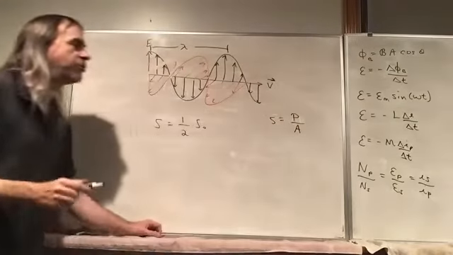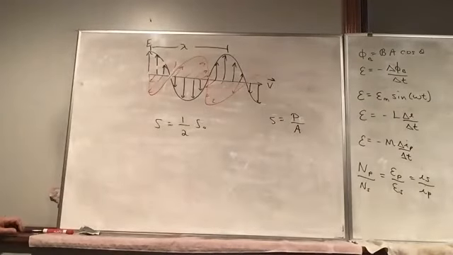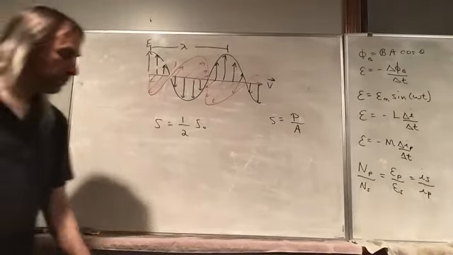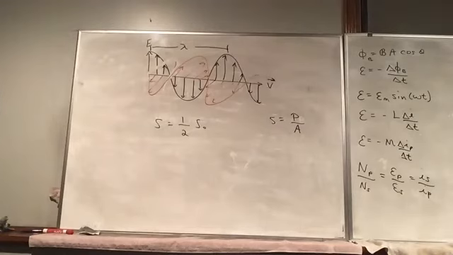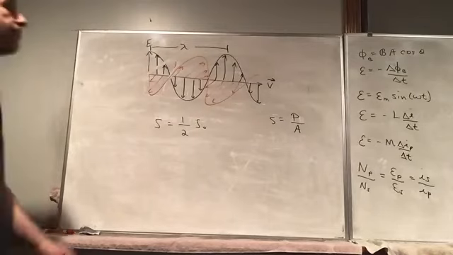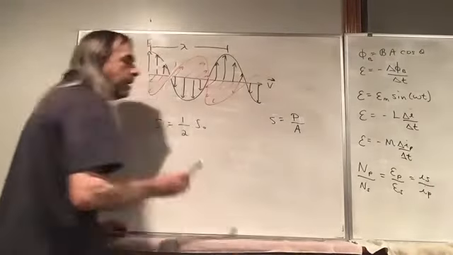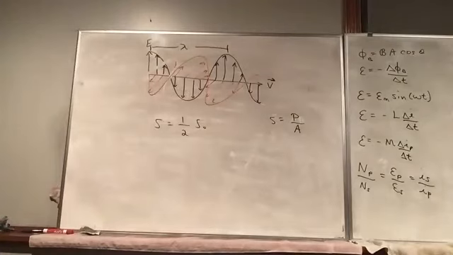I don't remember in the equation sheet if I use S or I. Let me check what I did in the equation sheet under polarization. I used S, just like here. Okay, so S is the intensity of the beam. That's power over the area.